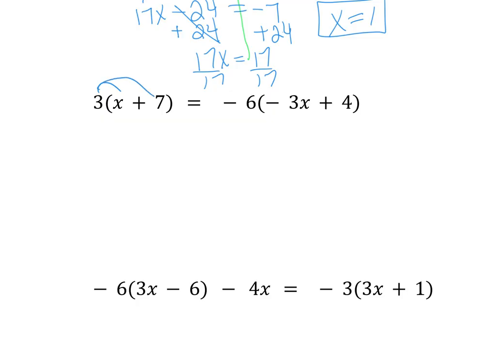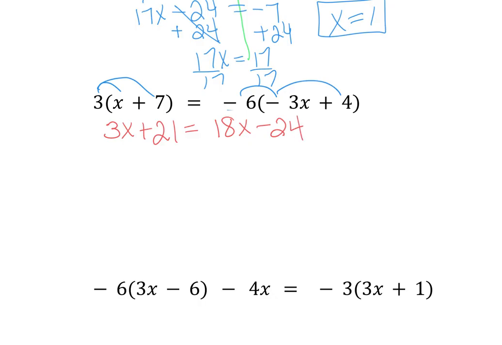So let's go ahead and distribute on both sides. So we'd have 3 times x is 3x. Positive 3 times positive 7 is 21. A negative 6 times a negative 3x, a negative times a negative is a positive. And negative 6 times positive 4 would be negative 24.